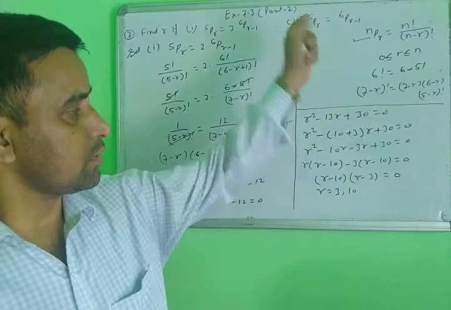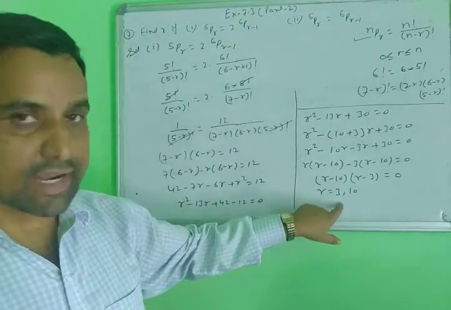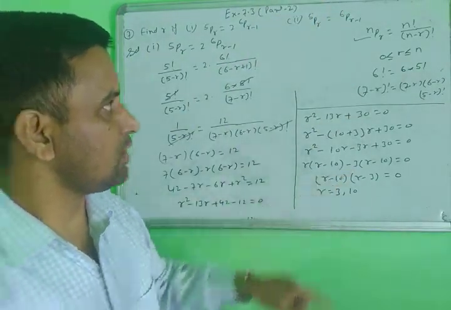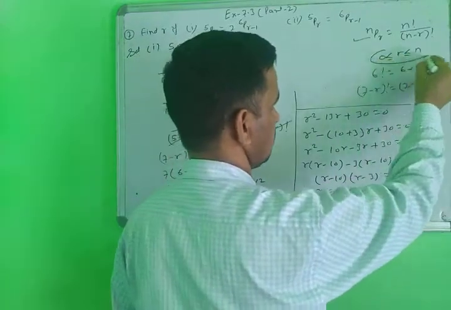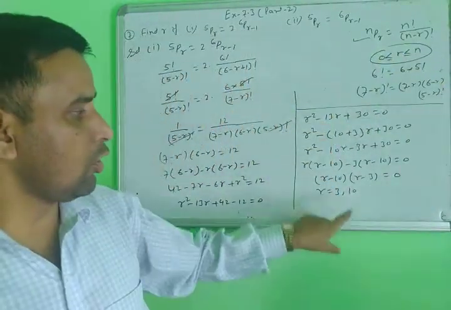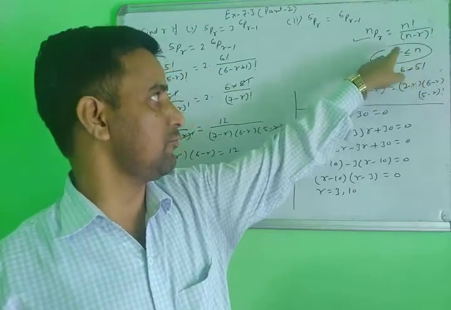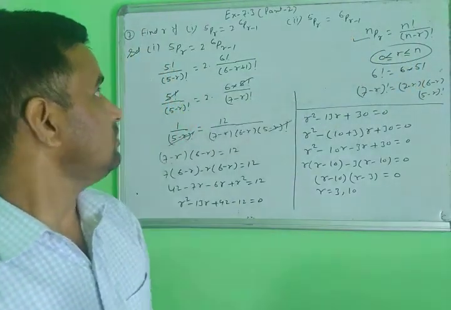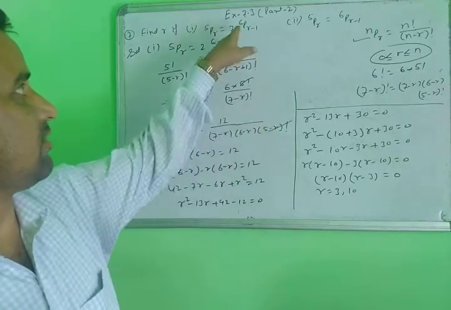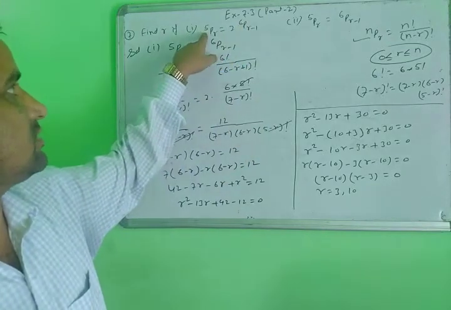Then which will be the correct value of r here? According to this rule, r is always less than or equal to n, less than or equal to the value of n here, the minimum being 6 or 5.